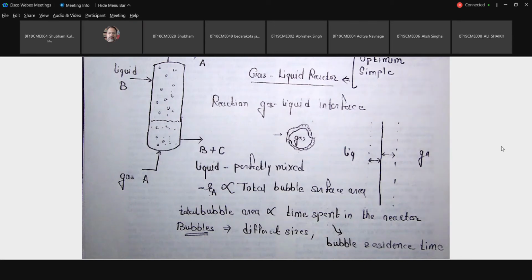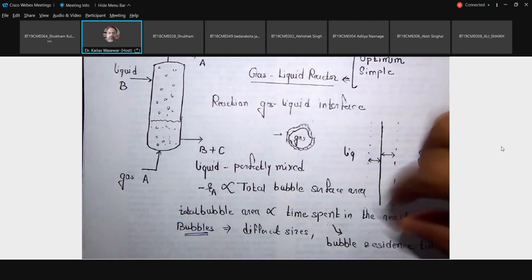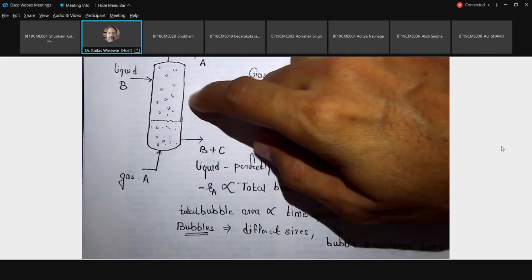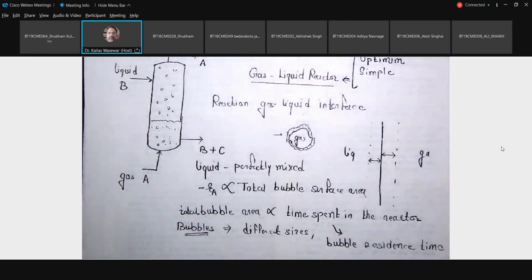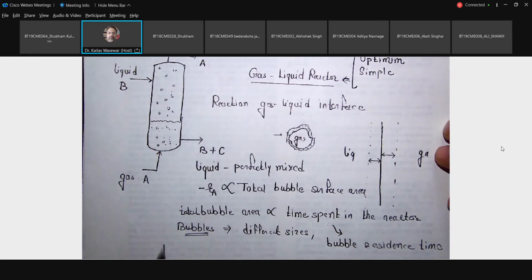So that's why how these bubbles are distributed or spend time inside the reactor is essential to know about their stay in the reactor. That is called the residence time distribution.